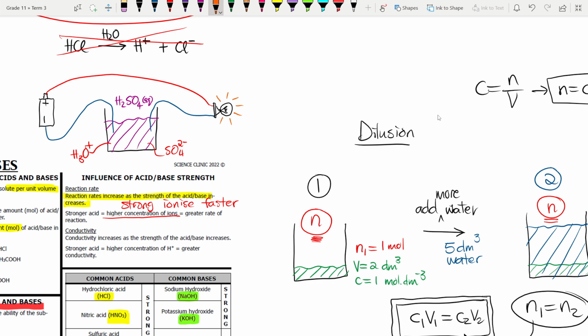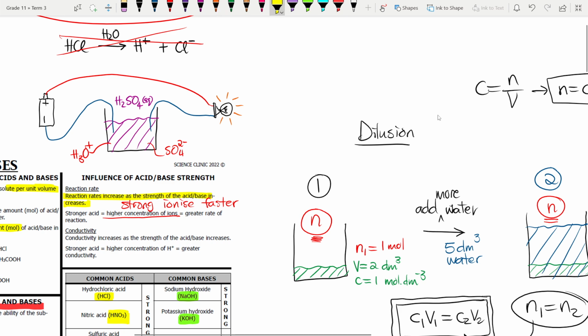But if I put a weak acid in there, then it's going to be really difficult for the electrons to move. So at the end of the day, the light will burn really dim, because the base that I have or the acid that I have is weak and it dissociates or ionizes incompletely.